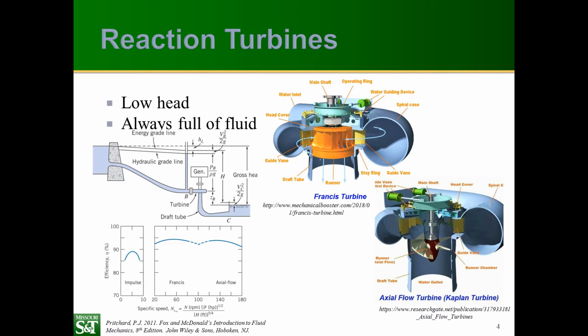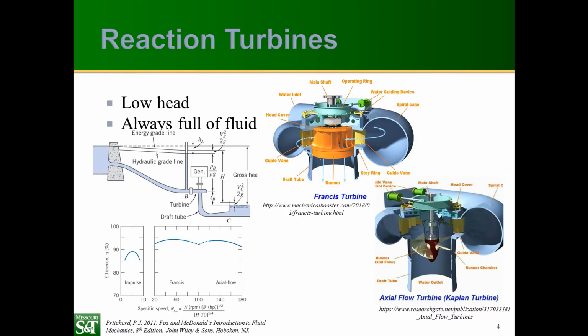What's really useful about these types of reaction turbines is that you can add a draft tube to the exit. It's basically a diffuser that expands as you move away from the turbine. And so what this does is you have a higher flow speed at the exit to the turbine than at the exit to the draft tube. And going all the way back to Bernoulli's equation, a higher flow speed means a lower pressure.